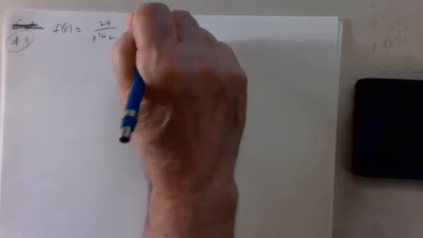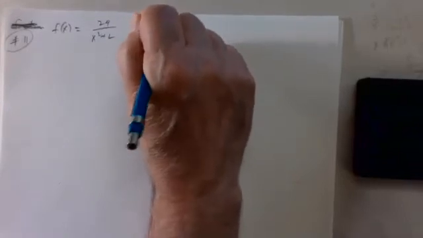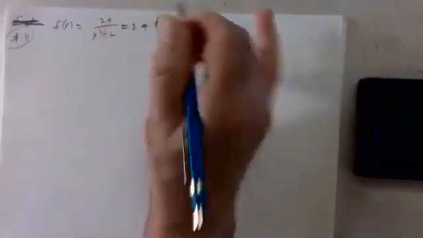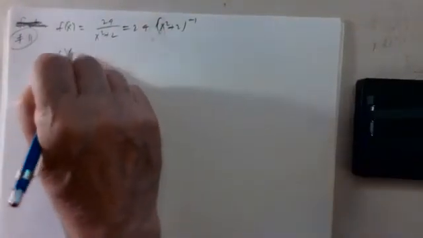So we take the first derivative. We can either use the quotient rule, or we can say this is the same as 24 times x squared plus 2 to the minus 1 and use the chain rule. You get the same answer no matter what you do.